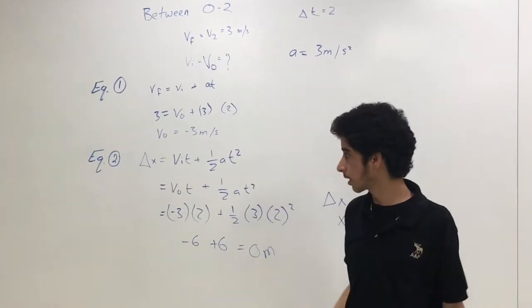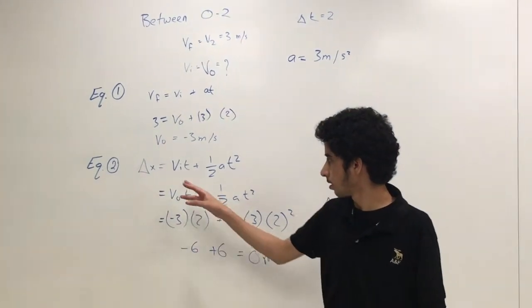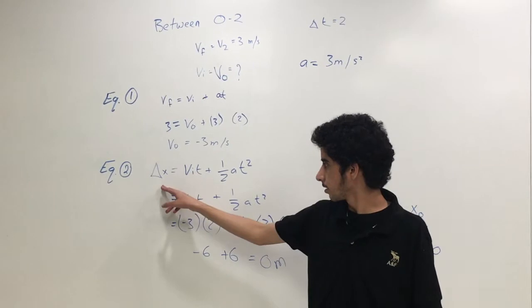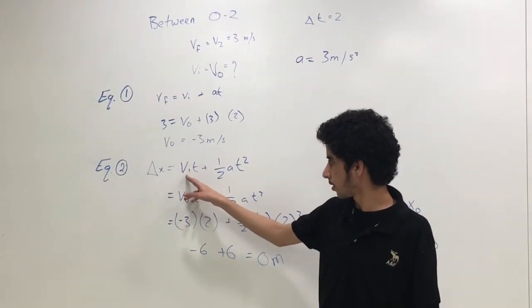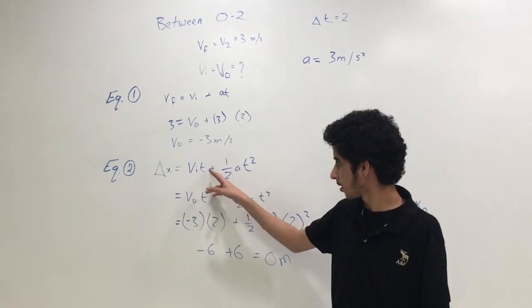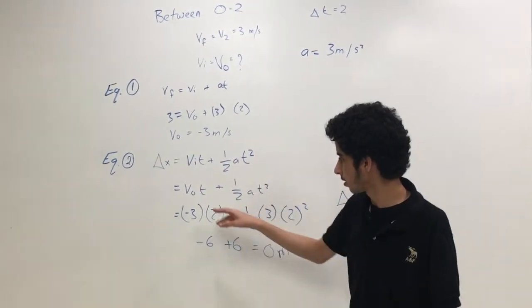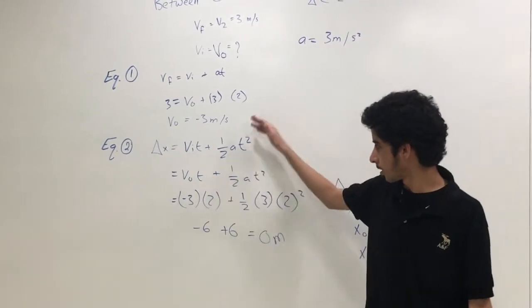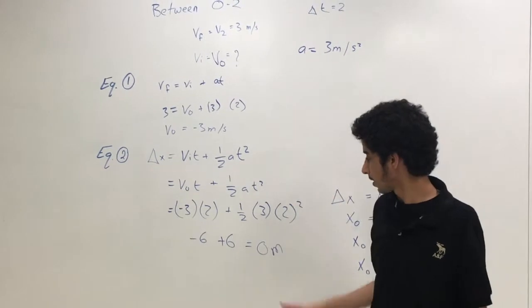So now we use the second equation of kinematics. Change in x, which is position, equals initial velocity times time plus half times acceleration times time squared. We plug in our variables that we have over here.